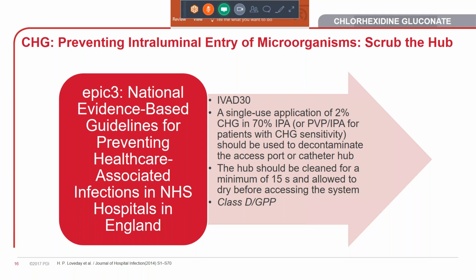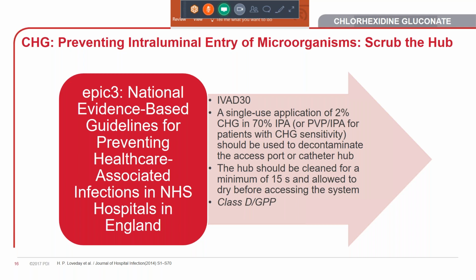A Class D recommendation in these guidelines states that it is based on non-analytic studies, and these would be uncontrolled before-after studies, case reports, or case series, or legislation expert opinion. Good practice point is a recommended best practice based on the clinical experience of the Guideline Development Advisory Group and patient preference and experience.